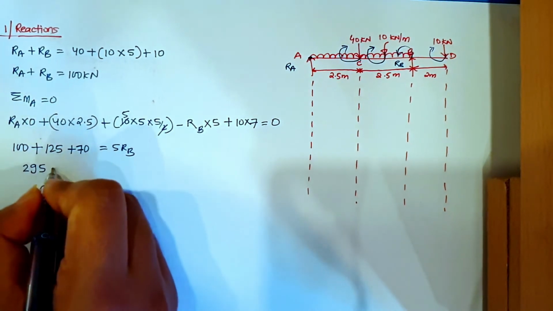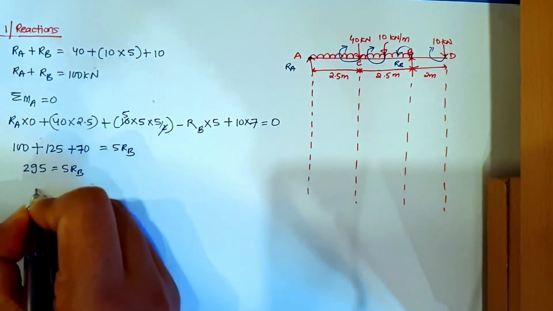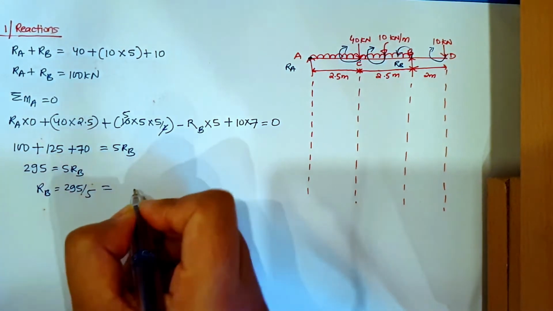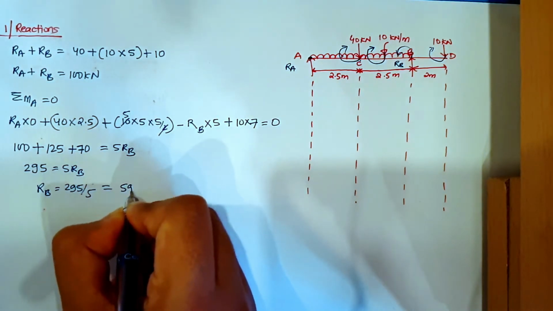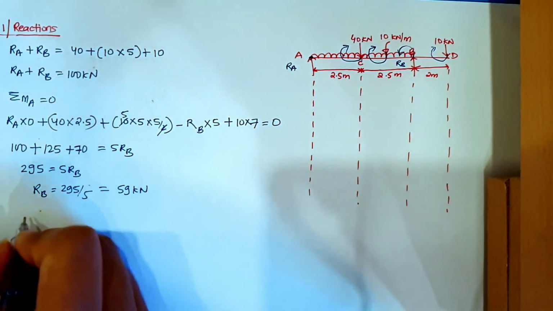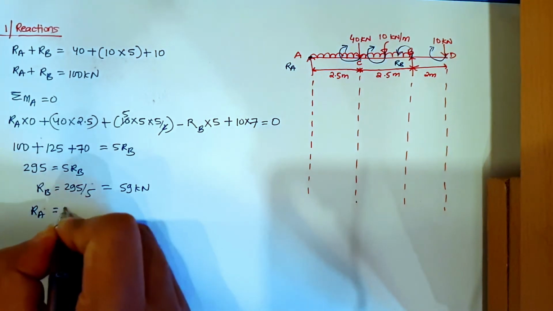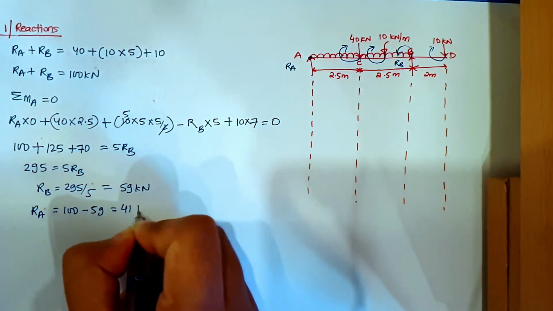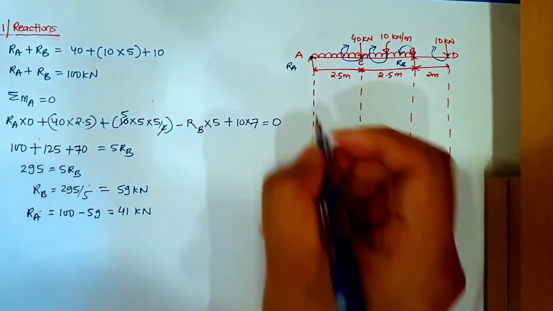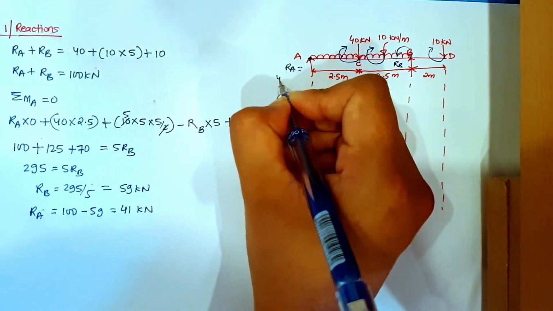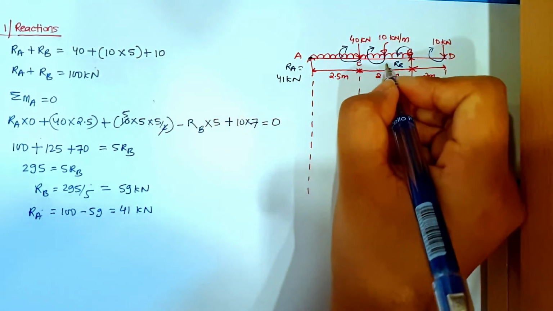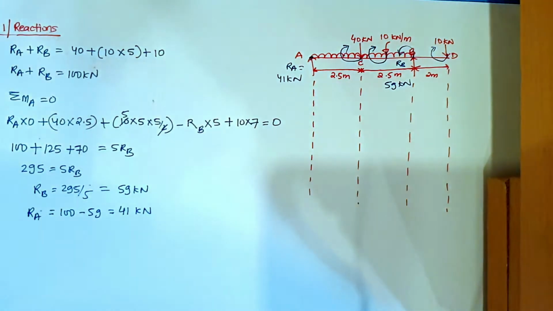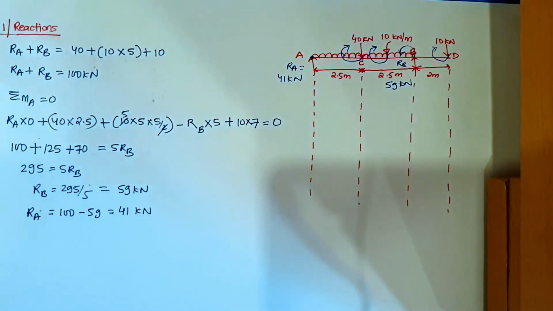This is 70 here, equals 5RB. So RB will be equal to 295 by 5, which comes to 59 kilonewton. Similarly, from here RA will be equal to 100 minus 59, which is 41 kilonewton. So I have RA equals 41 kilonewton, RB equals 59 kilonewton. Okay, now let's find the shear force.